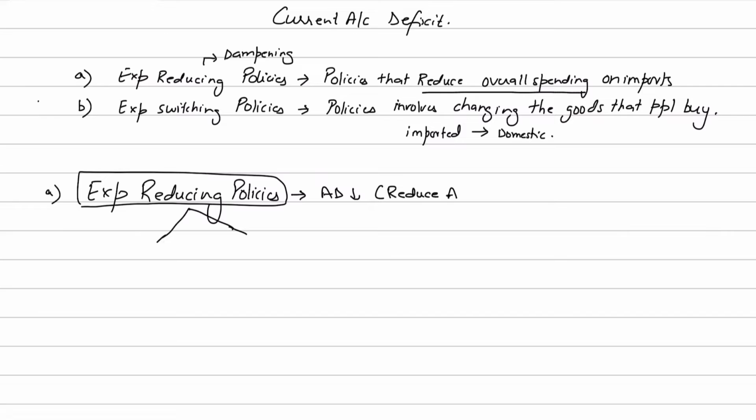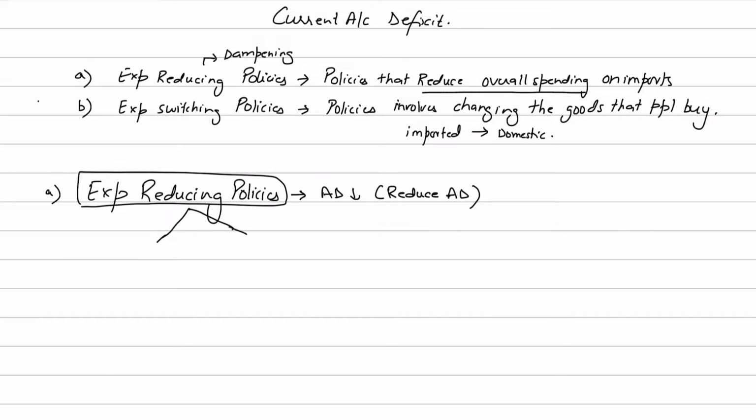That is the ultimate aim of the policies, because when aggregate demand reduces, people will spend less, and when they spend less, they'll also spend less on imports, because the more the incomes, the more the consumption expenditure on domestic goods, the more the national income, the more the marginal propensity to import, and the more the marginal propensity to import, the more the imports are sucked into the economy. So that is what we actually want to reduce, right?